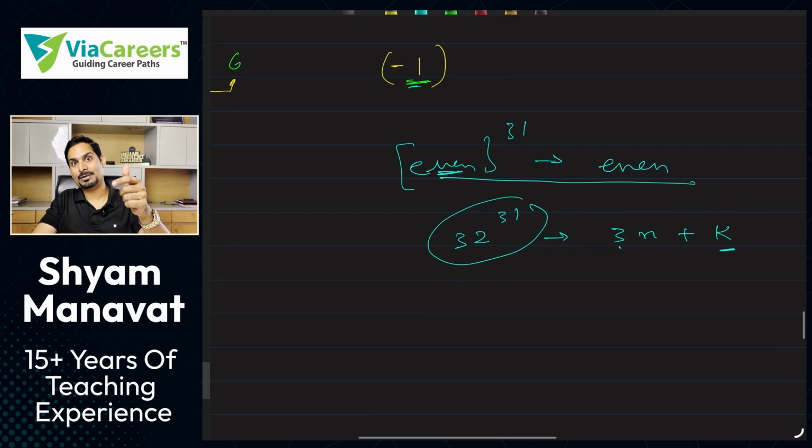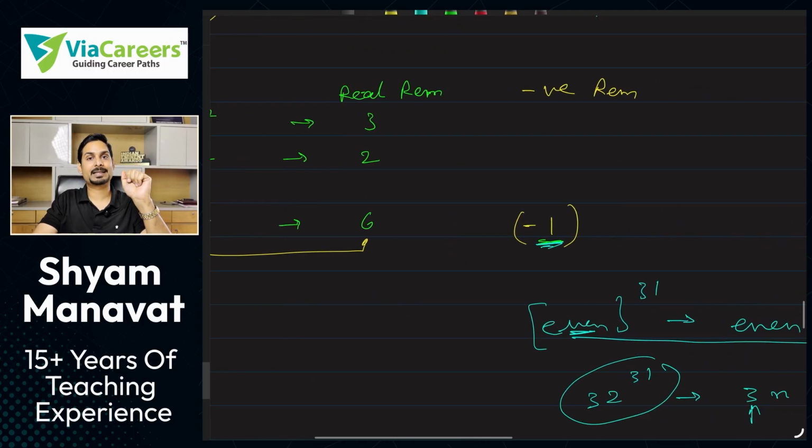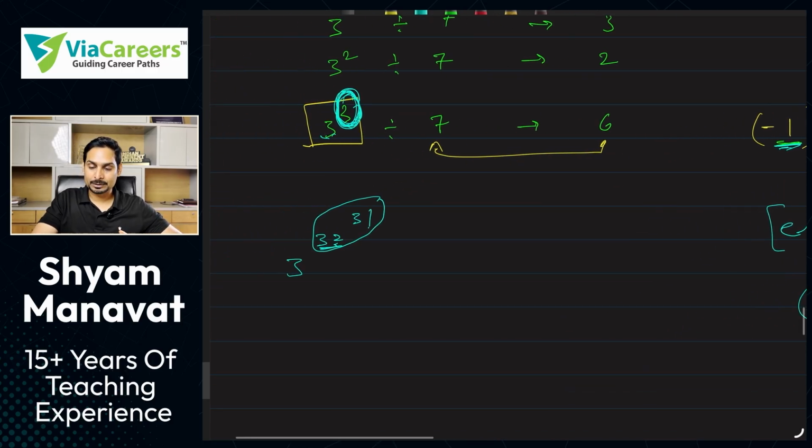So in the power also we are applying the remainder theorem, and this time the divisor is 3. Do you understand why the divisor is 3? Because I want to convert this into 3 to the power 3 into something, because that's where I get the negative remainder of minus 1. It is because of the power 3, not because of the base 3.